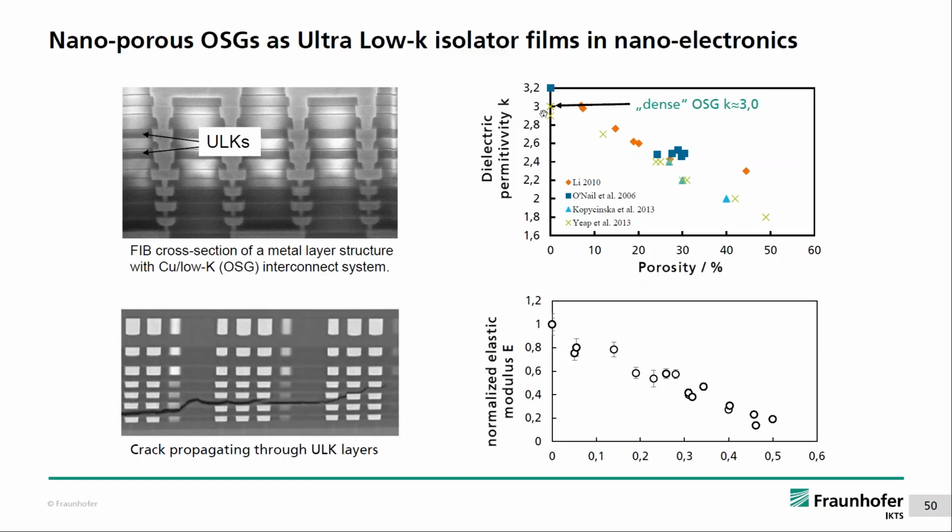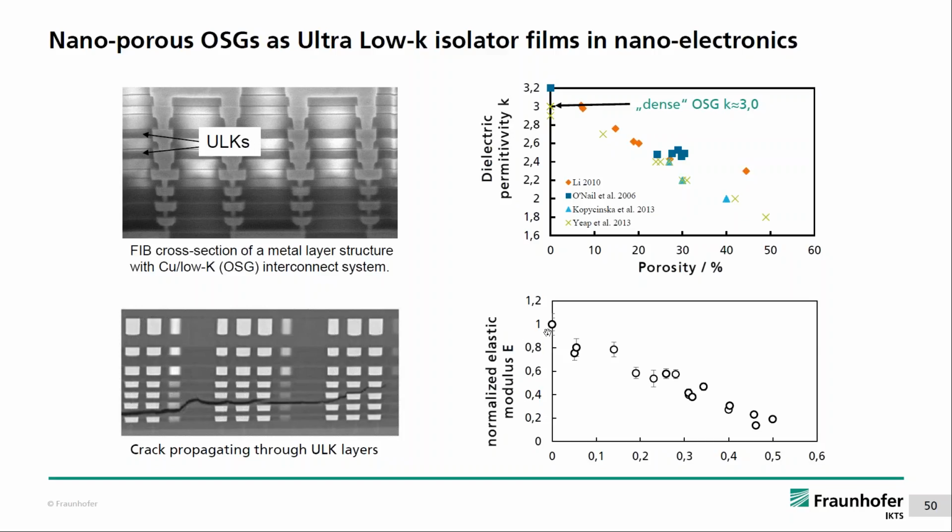And organosilicate glass without porosity has a K value of roughly 3. If you want to get better in terms of isolation behavior, you have to lower the K value, and this you do by introducing porosity up to 50%. Over 50% the materials get unstable, but then it's a very nice linear behavior. The more porosity, the better the isolation behavior.